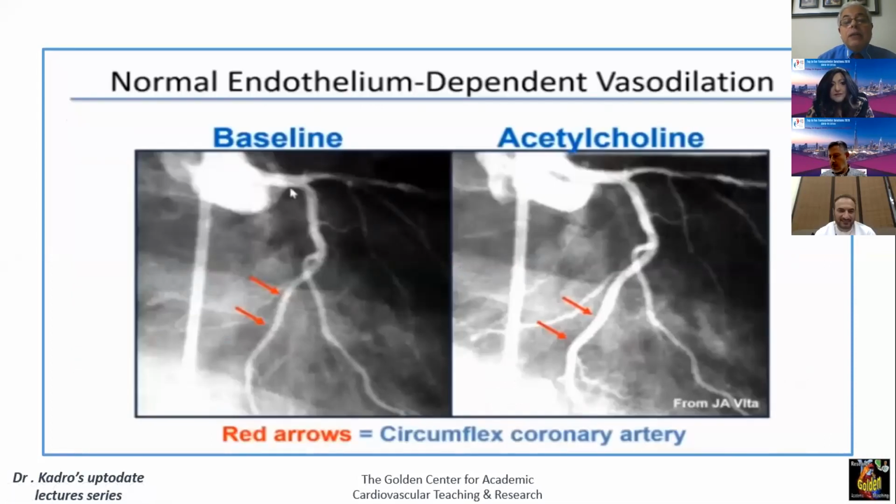And this is one of the tests that I used to do in the cath lab when I was a fellow. This is the baseline, and you see that the vessel is not dilated. Giving an acetylcholine infusion, which works through production of nitric oxide, causes significant dilation of the circumflex artery.